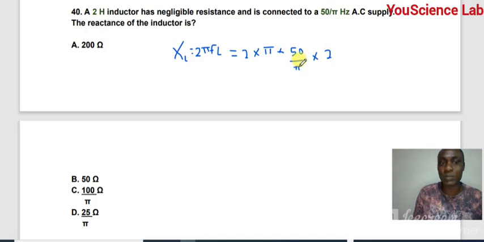So you see that pi will cancel out pi. We are left with 2 times 50 is 100, and 100 times 2 is 200. So the reactance of the inductor is 200 ohms.